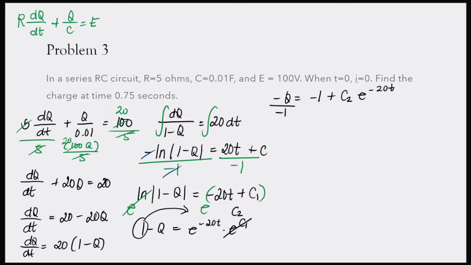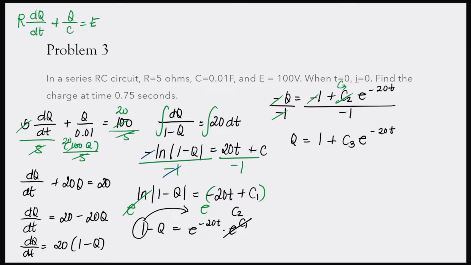Then divide both sides by negative 1. C2 divided by negative 1 is another arbitrary constant, so let me call this C3. Therefore, we have q equal to 1 plus C3 e raised to negative 20t.